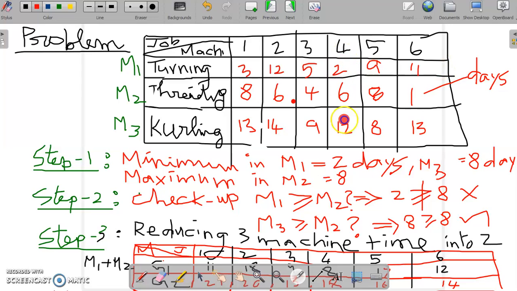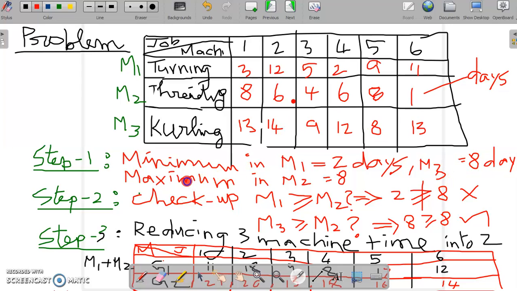Now we come to the last machine. What is the least time taken there? Yes, 8 is the minimum, and we note that M3 minimum is 8 days.